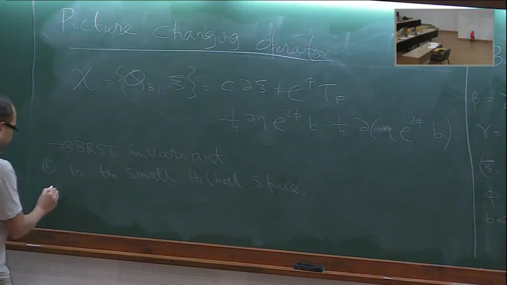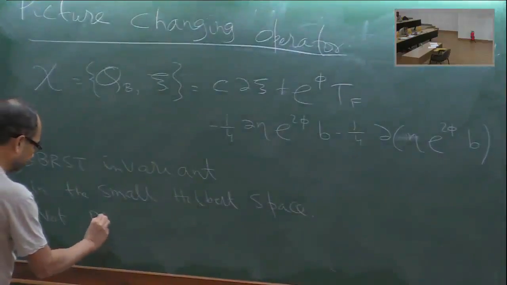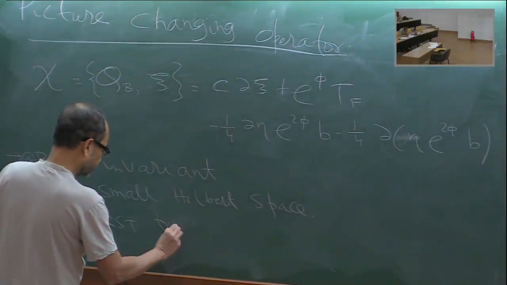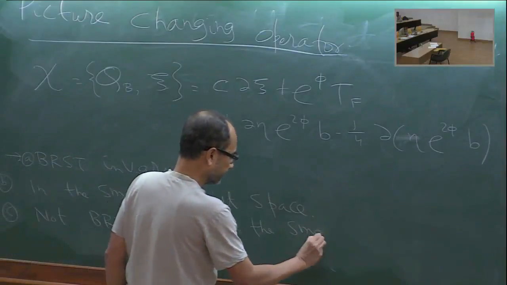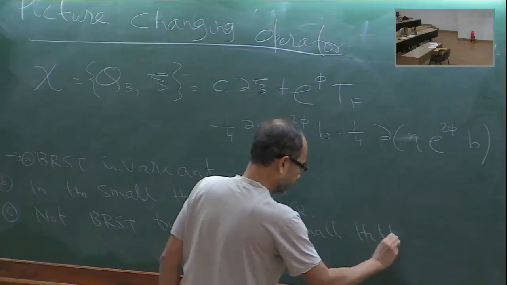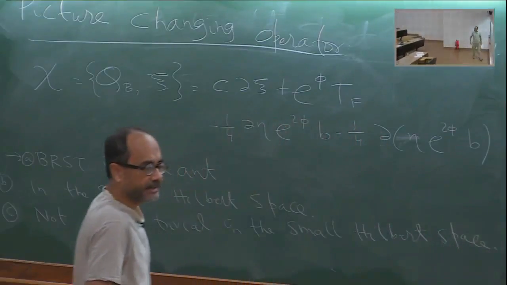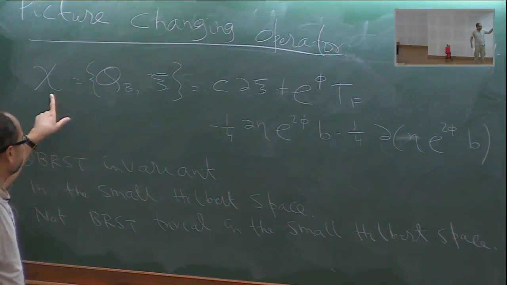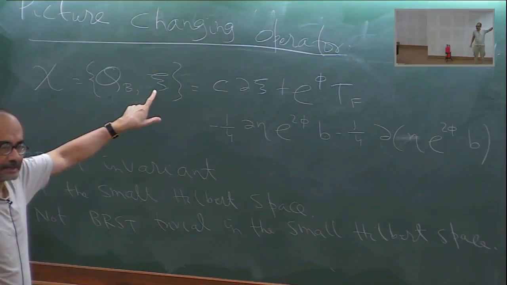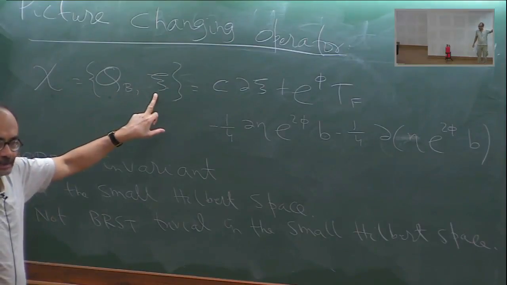And third is that it's not BRST trivial in the small Hilbert space. BRST trivial means it can be written as an anti-commutator of QB with something. Now of course it is written as an anti-commutator of QB with Xi, but Xi is not in the small Hilbert space, right? So when you say that it's not BRST trivial in the small Hilbert space, it means that it cannot be written as QB anti-commutator with something which is in the small Hilbert space.